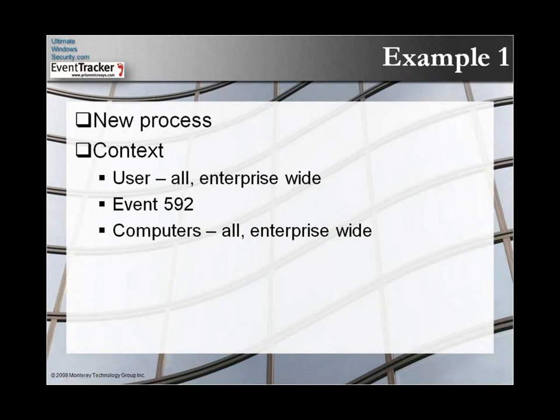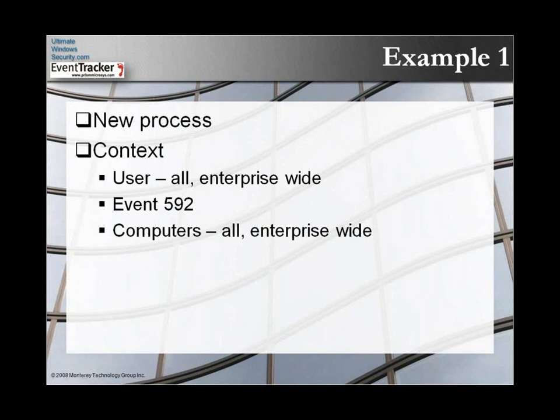Well, if we're talking about Windows, first of all, we're talking about event ID 592 on Windows Server 2003, and then on Windows Server 2008, we need to add 4096 to that to get the event ID there, which is 4688. Okay, so we're saying let's look at all of our 592s and 4688s.